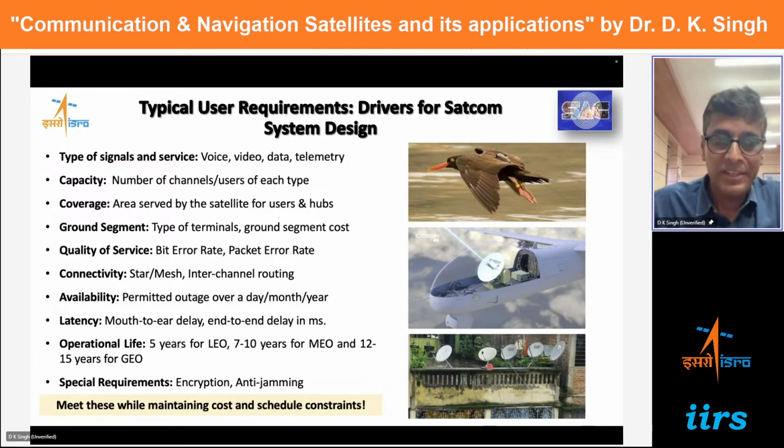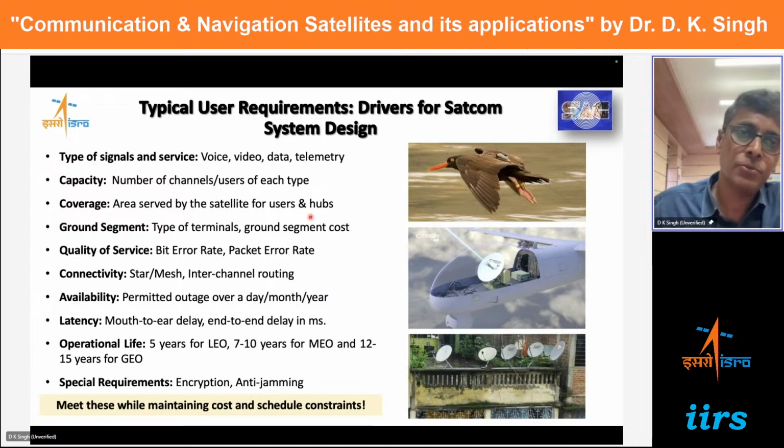Now, this slide just captures the major technical requirement. Let us say if you are trying to talk about a satellite communication system, what all you should worry about? You should worry about what type of signals you are going to service. Is it voice, data, telemetry? How many users you want to capture? That will tell the capacity of the system.